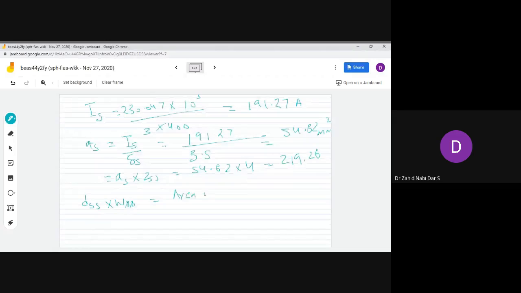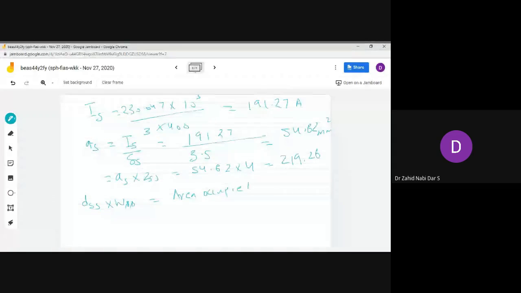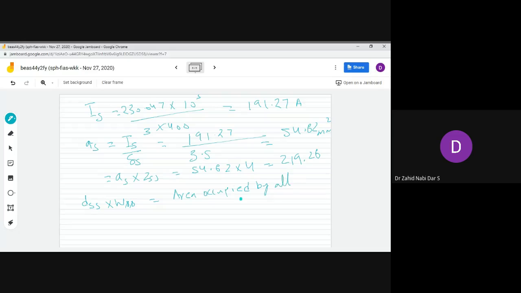The area occupied by all conductors in the slot is divided by the slot space factor.